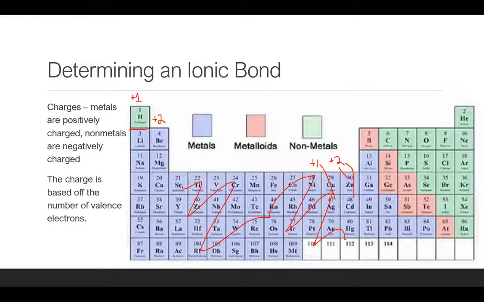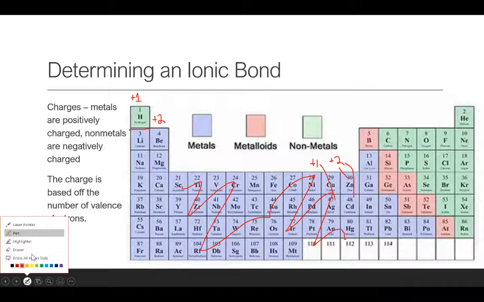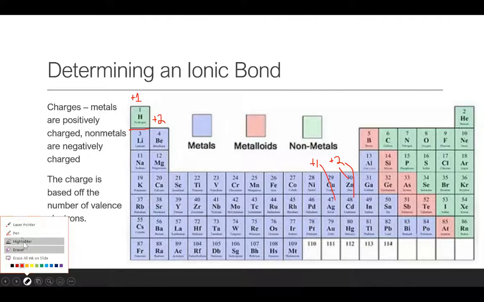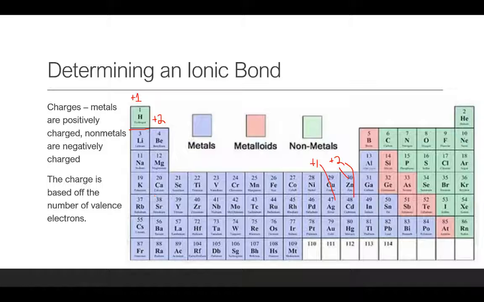Other than that, all of these can have multiple different charges, and we'll talk about that in a little bit. However, they will all be positively charged because they are all metals. So you can ignore all of these as well.